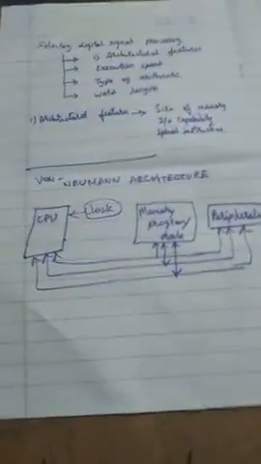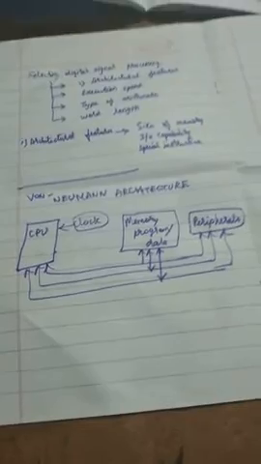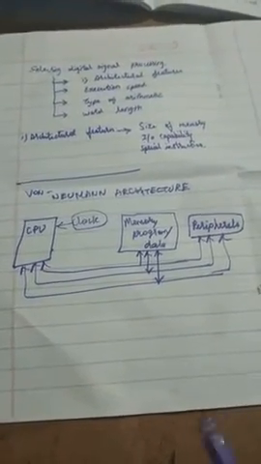This is the basic block diagram of the Von Neumann architecture.